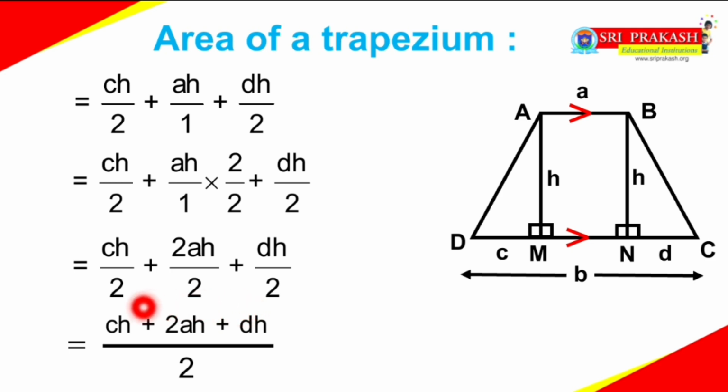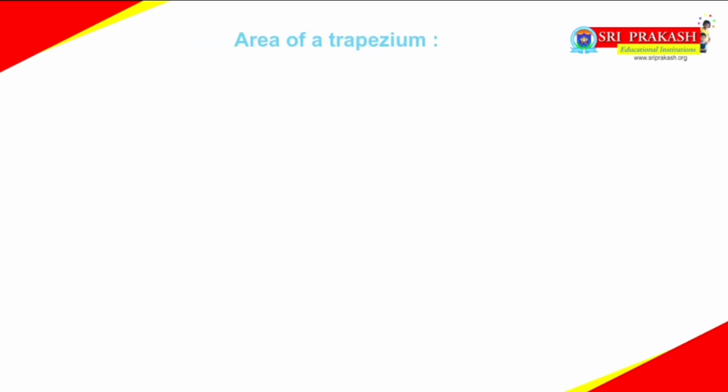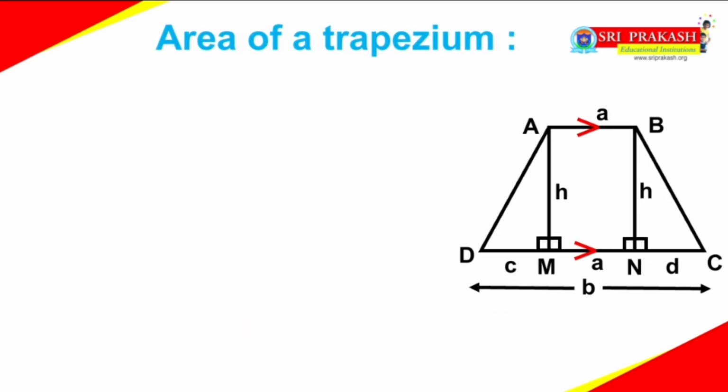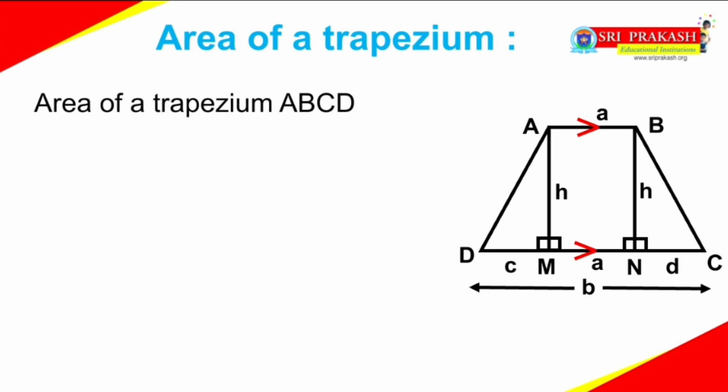Yes, h is common in all the three terms. So let us take h as a common factor. Then what remains? By taking h as a common factor, it remains h into bracket of c plus 2a plus d.